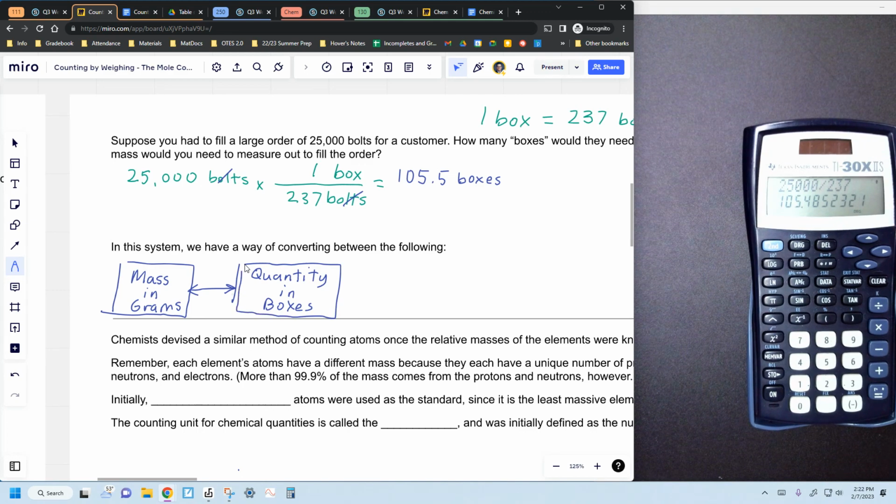That's a way that's particularly useful for huge quantities, like 25,000, right? I could do one more conversion because I know how many pieces are in a box. I could take it all the way down to quantity in pieces.